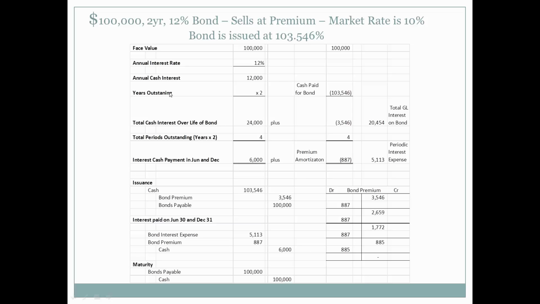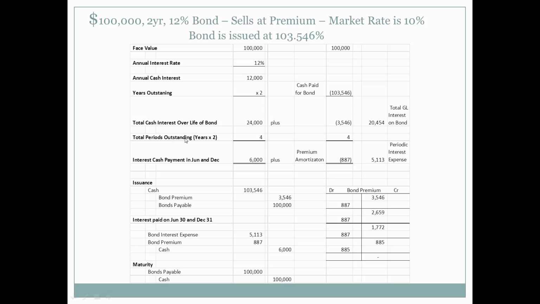Well, this bond will be outstanding for 2 years, so the total cash interest over the life of the bond is $24,000. Now, why do I set it up like this? Because a lot of times you'll have test questions or homework questions that may ask you specifically that. So I'm trying to make this calculation a one-stop shop for you to be able to calculate everything that you could possibly be asked related to bonds.